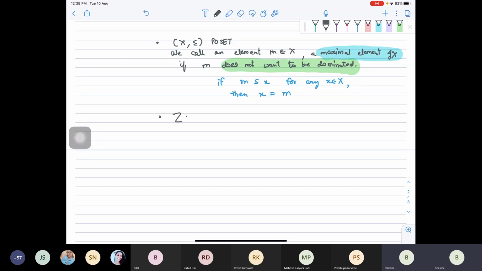See, when you say upper bound, what he is asking is, suppose I take y to be x, and if u is an upper bound for x, does this imply u is a maximal element?